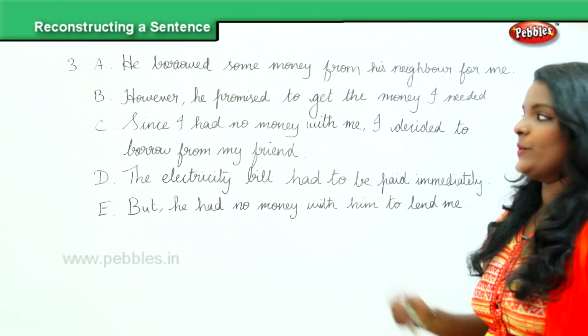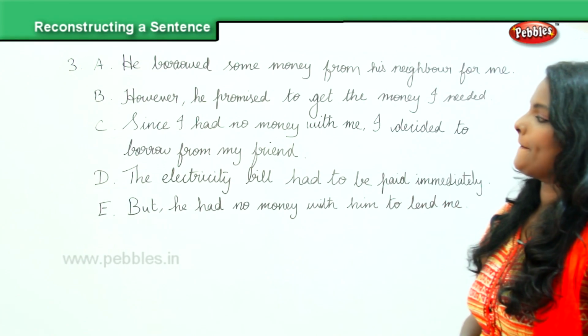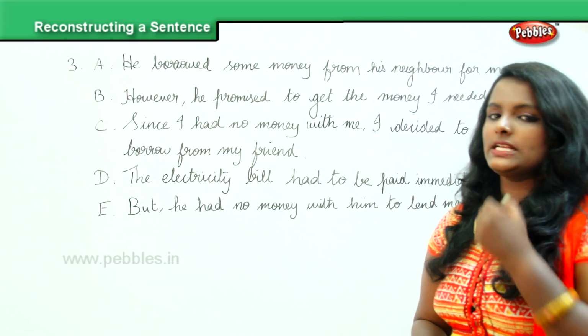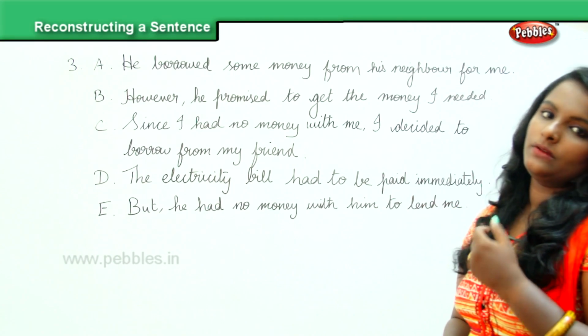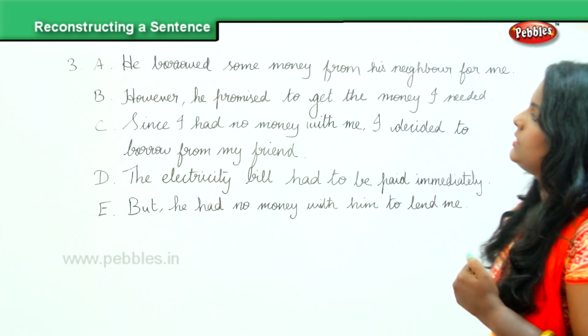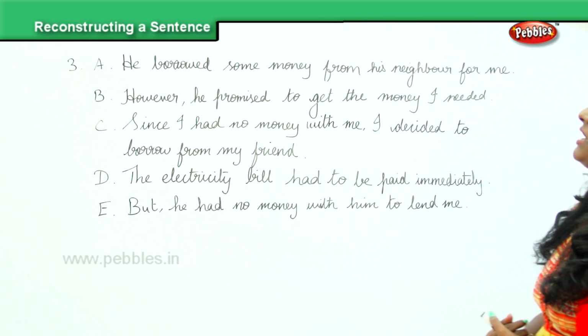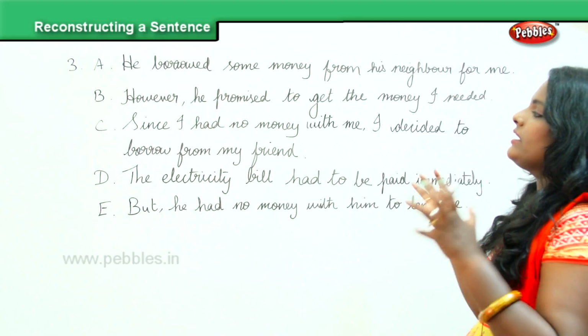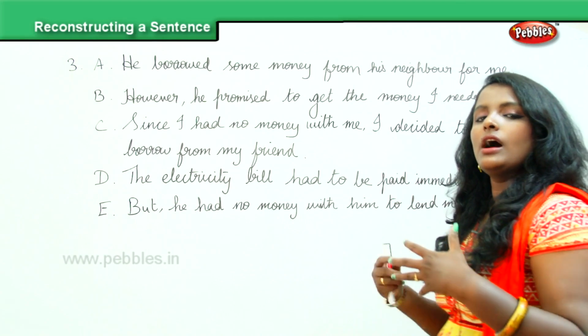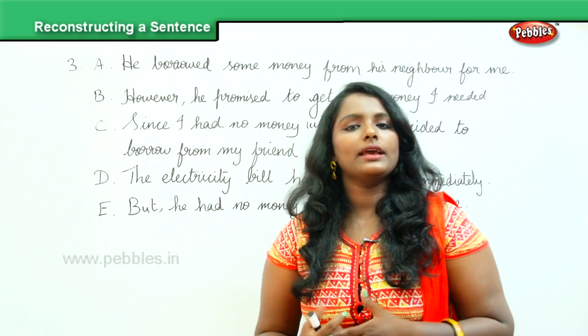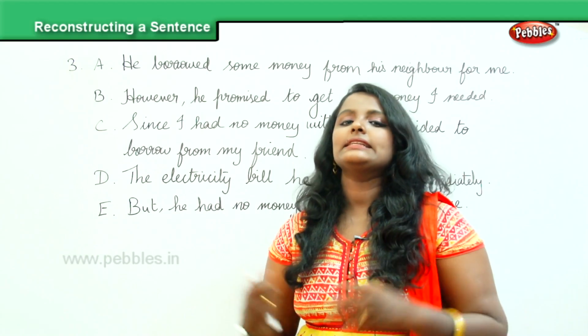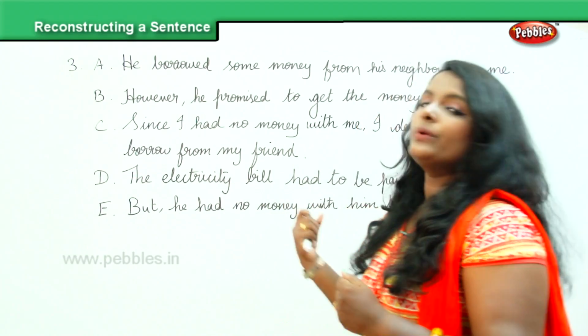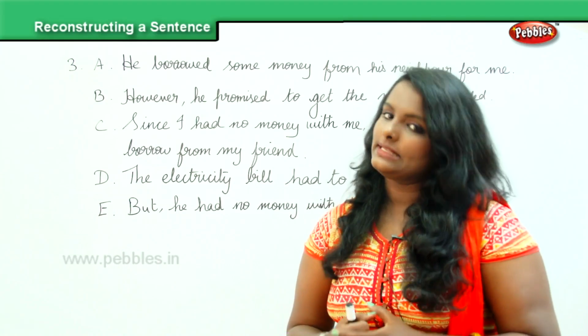Let's begin with the first sentence. The first sentence has to be the theme or the topic sentence. Now, after reading all the 5 sentences, you would have come to a conclusion that this passage is about how a person has to pay his electricity bills and is in need of money, and how his friend helps him get the money, right?